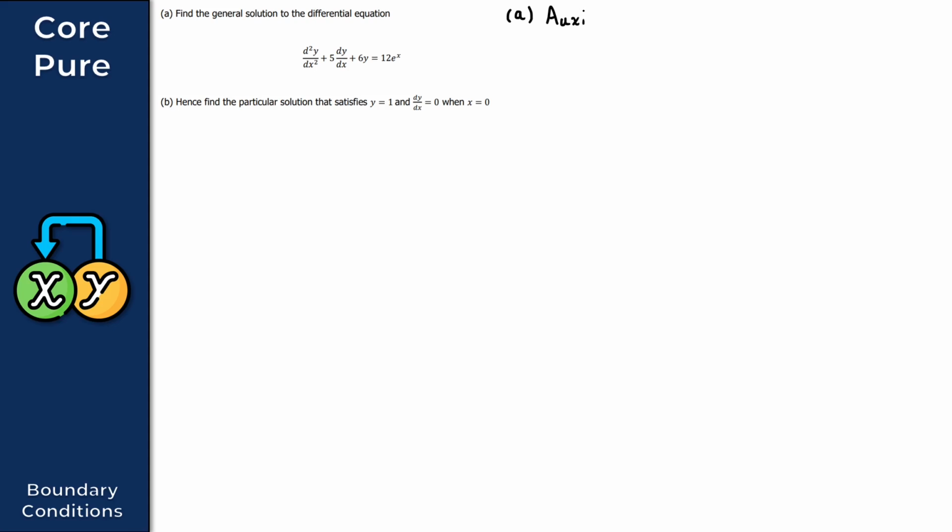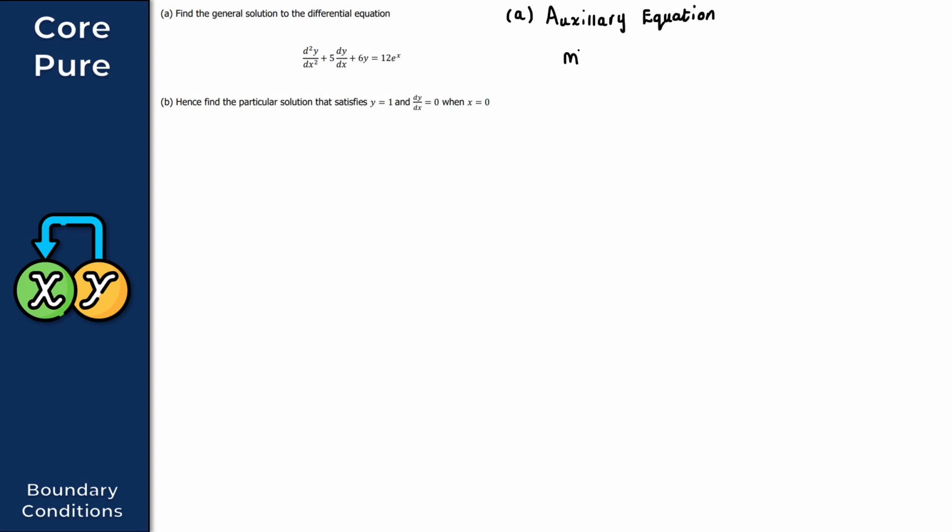So the auxiliary equation will be given as follows. This will simply be m squared plus 5m plus 6 is equal to 0.